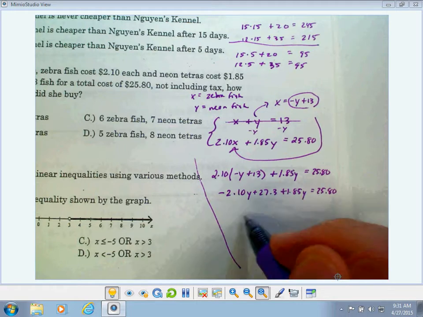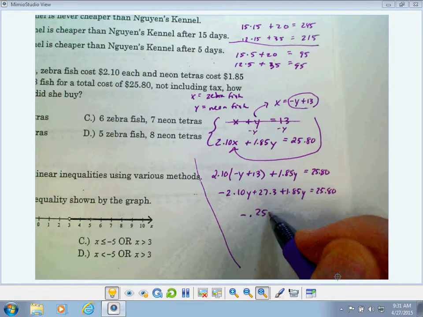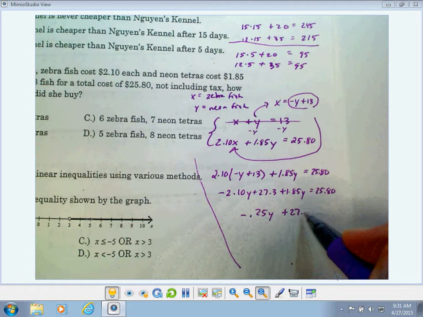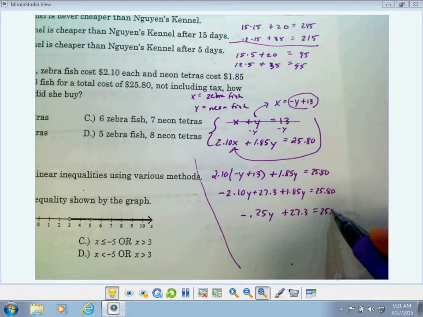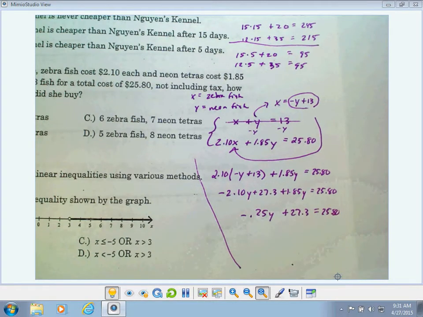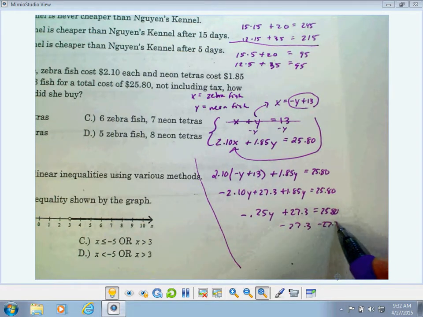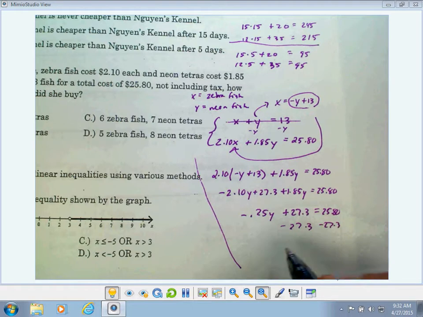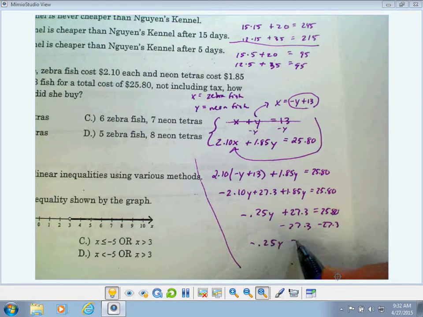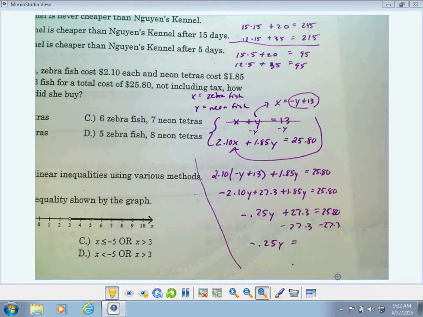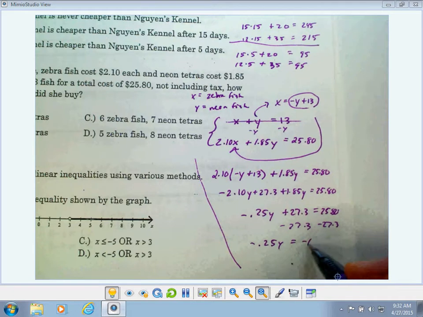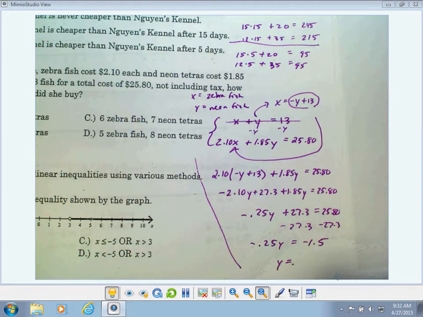So I'm going to get negative 0.25y plus 27.3 equals 25.80. So I'm going to subtract the 27.3 from both sides, and I get negative 0.25y equals negative 1.5.